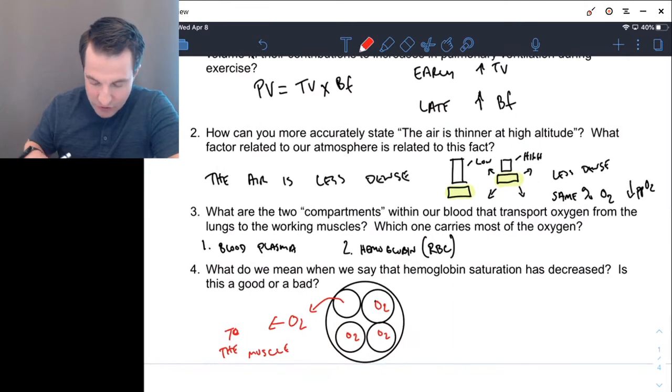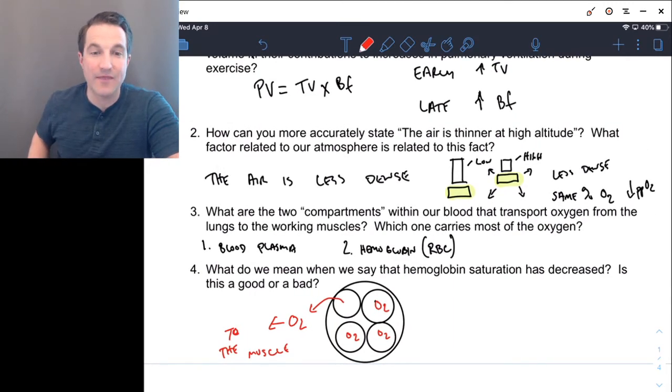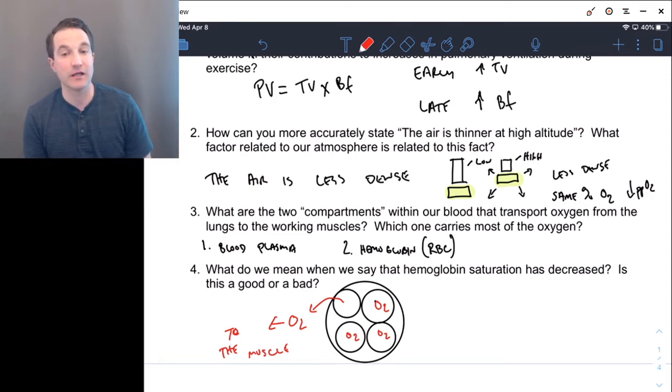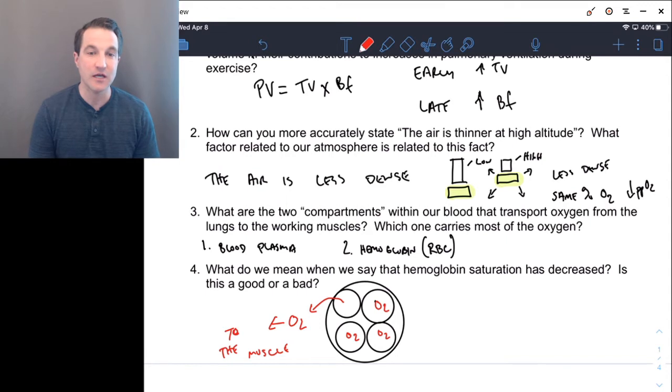So the last part of this question here, is this a good or bad thing? This depends. If your saturation went down at the lungs, that would be really bad. What we're seeing now, especially with this COVID-19 that's going around, is people are getting low oxygen saturation because they're getting pneumonia. The thing that's happening there is they don't have the ability to move the oxygen from their lungs into their blood.